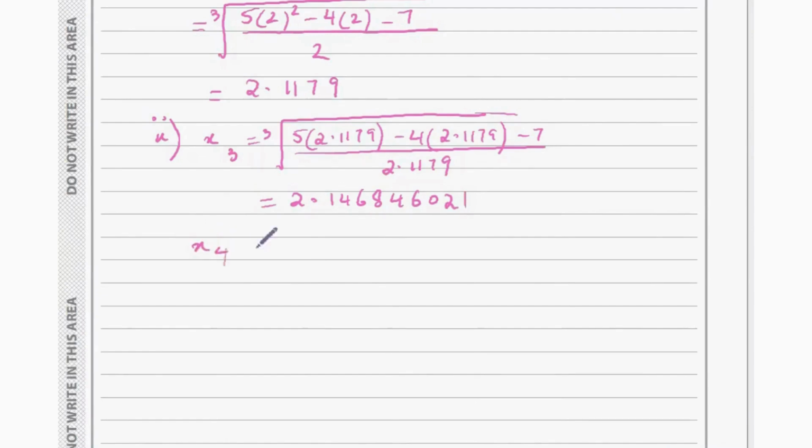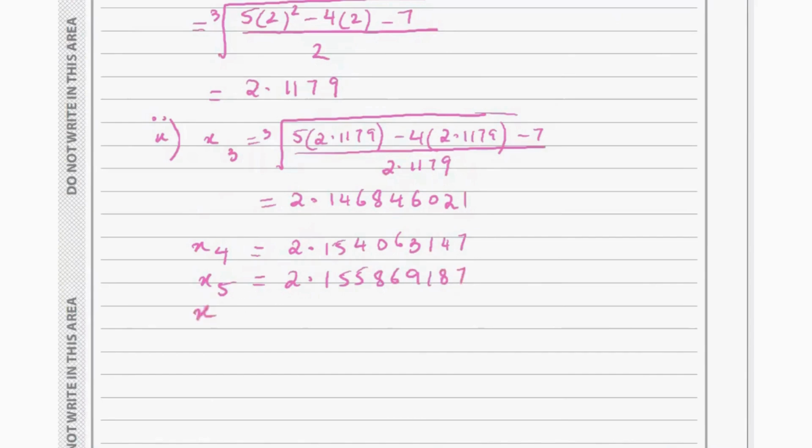So we find x4. For that, again, plug it into the calculator. That's going to give you 2.154063147. We're putting x3 in the formula to find x4. Then for x5, we're going to put x4 in the formula. That's going to give us 2.155869187.